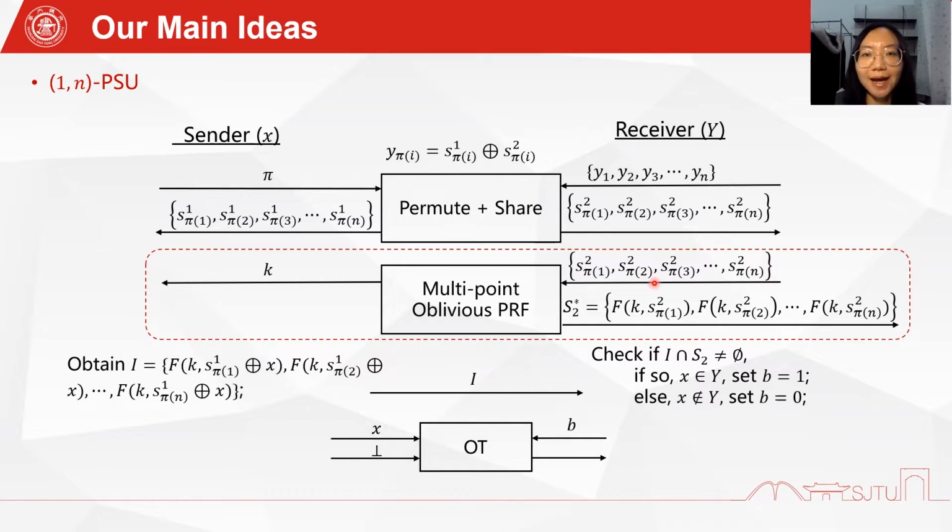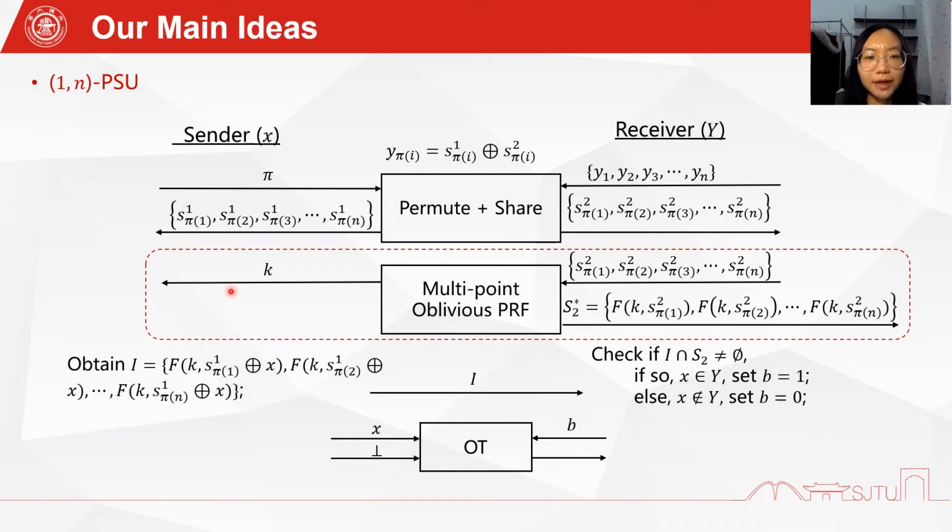Before computing set I, the parties additionally execute a multi-point oblivious PRF. Through multi-point OPRF, the sender obtains a key K that is not known by the receiver, and the receiver obtains the PRF values of his shares.